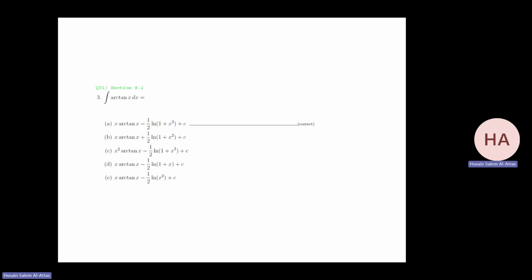Arctan x. Yeah, I will have u as arctan x. Let me try to do it quickly. dv will be dx, so v equals x. du will be 1 over 1 plus x squared. So I will be what?